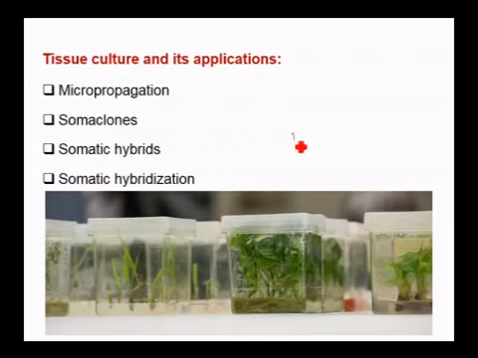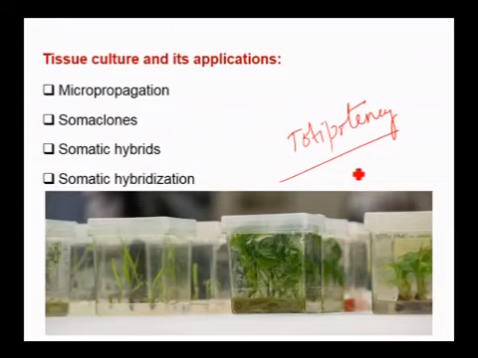The principle of plant tissue culture is totipotency, which means production of a complete plant from any part of the plant under controlled conditions. It is the capacity of any cell, tissue or organ of a plant to generate a whole plant under in vitro conditions.